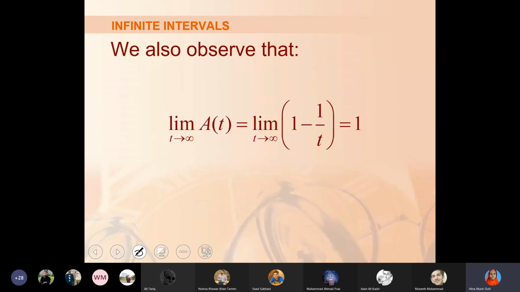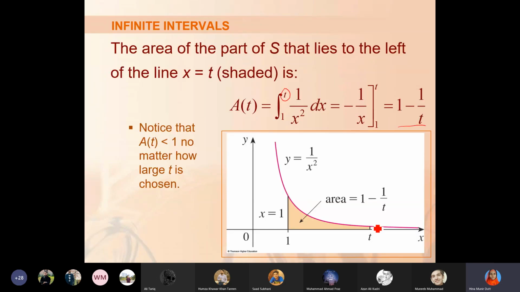Now in the end, I will take the limiting value, that is, t approaches infinity. When t approaches infinity, 1 over t approaches 0. That is, this is the area under this curve when t approaches infinity. That is, the integral from 1 to infinity of 1 over x square dx is equal to the area, which is equal to 1.